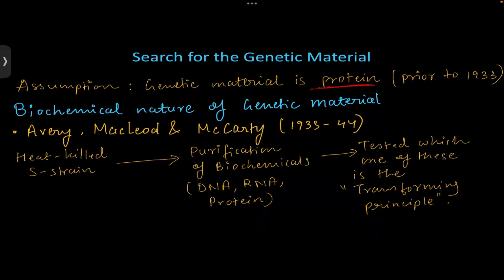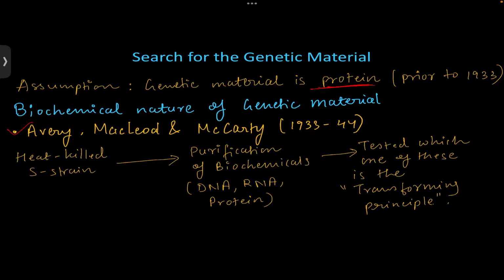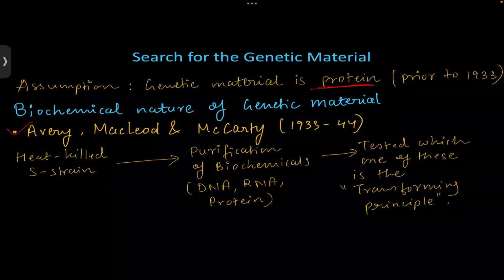So what were the 2 experiments? The first experiment was done by Avery, MacLeod, and McCarty in 1933 to 1944. It was an extension of Griffith's experiment, where they tried to analyze the genetic material of the transforming principle which Griffith proposed.